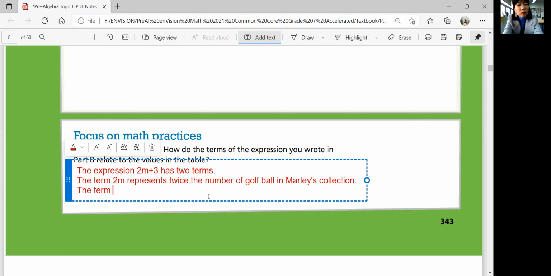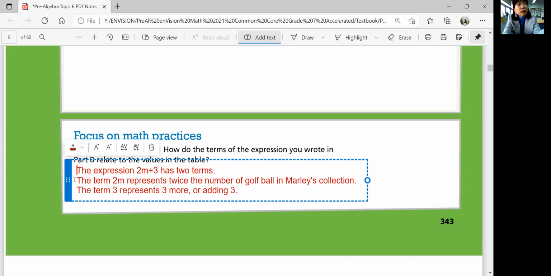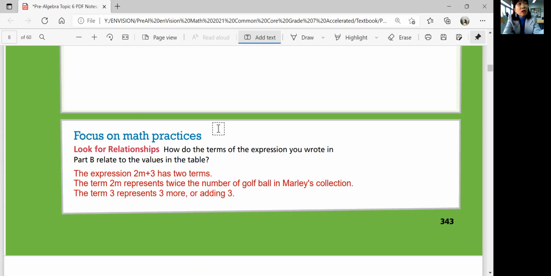The term 3 represents 3 more, or adding 3. So you need to be able to explain what each term represents in real life. What do they actually mean? Why do you do that?